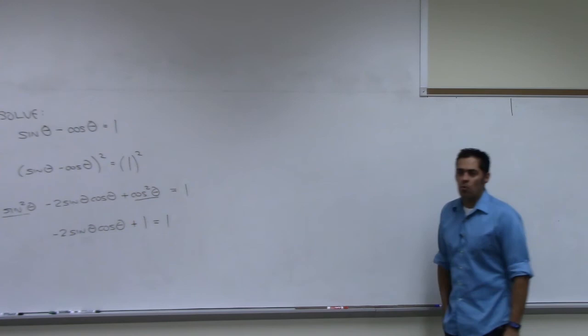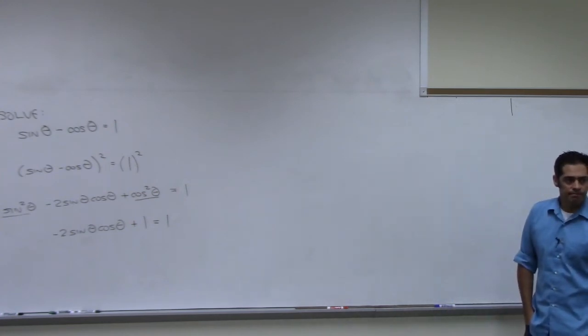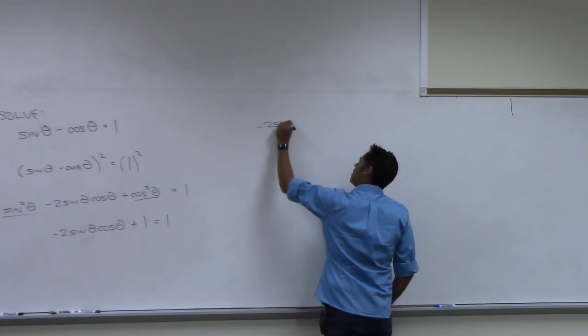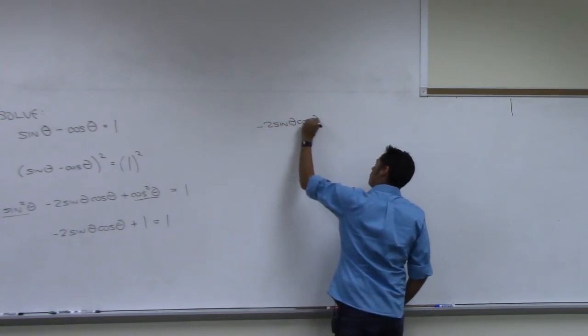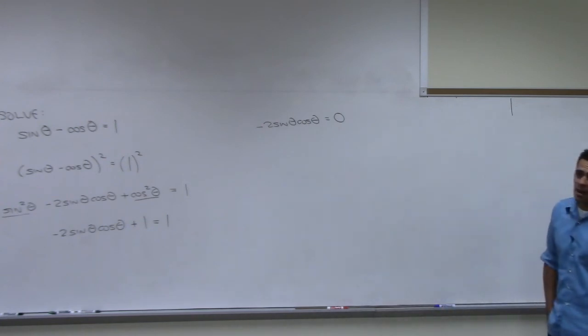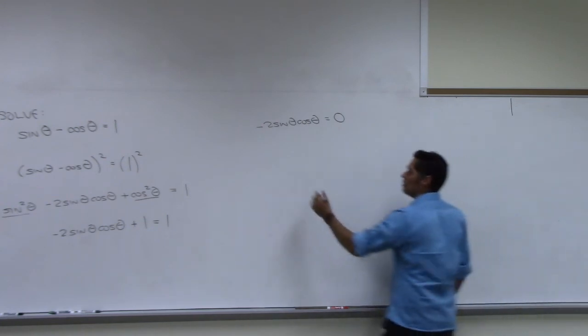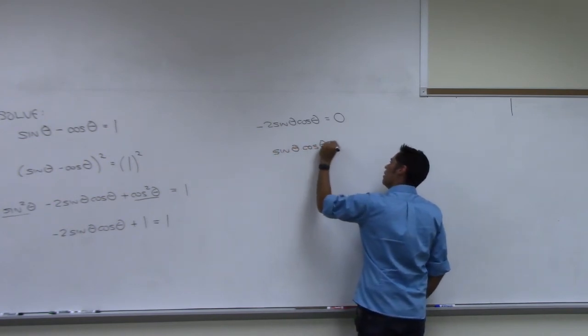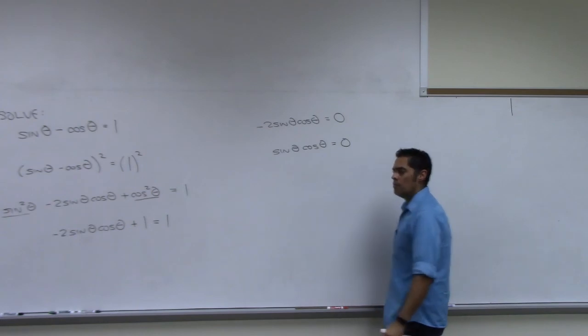Now I can subtract 1 on both sides. So -2 sine theta cosine theta is 0. I can go even a step further. I can divide both sides by -2. You get sine theta cosine theta equals 0. Any questions there?